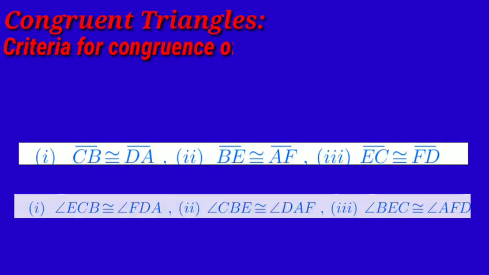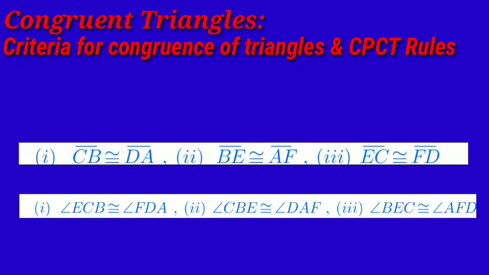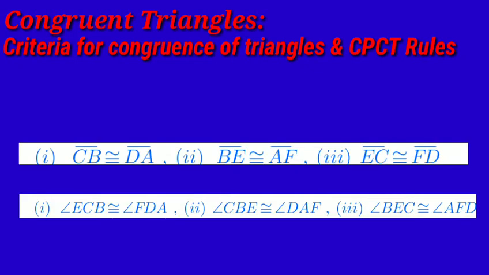With the help of 6 corresponding pairs of components, that is, 3 corresponding sides and 3 corresponding angles, two triangles become congruent.